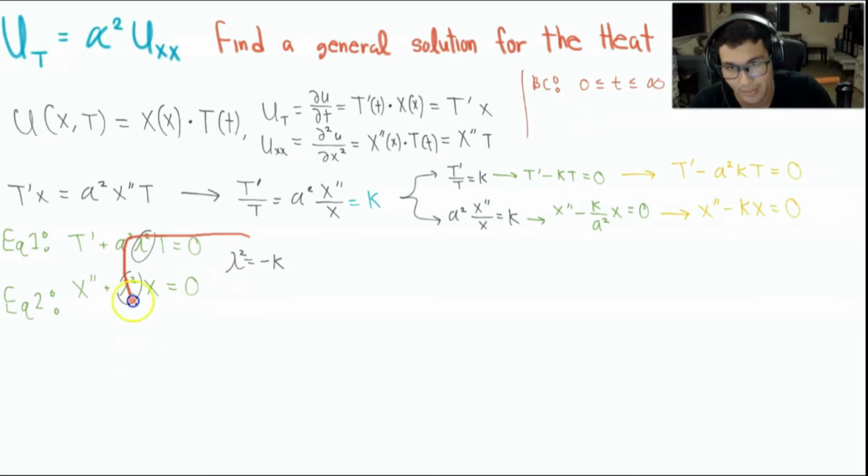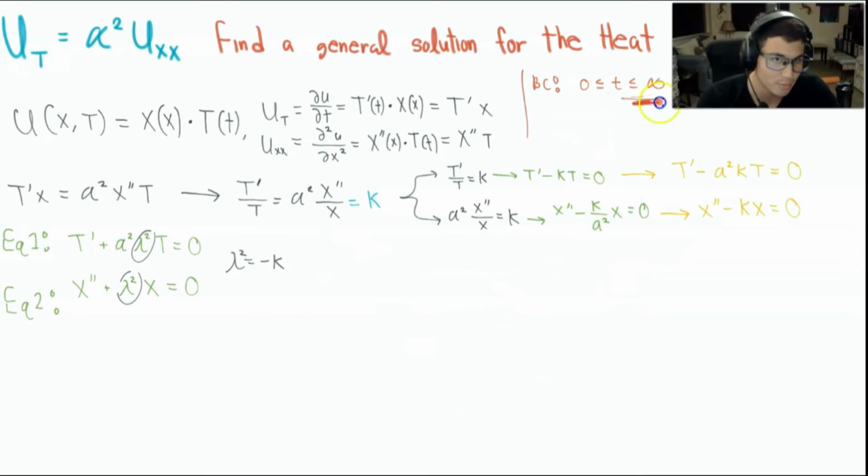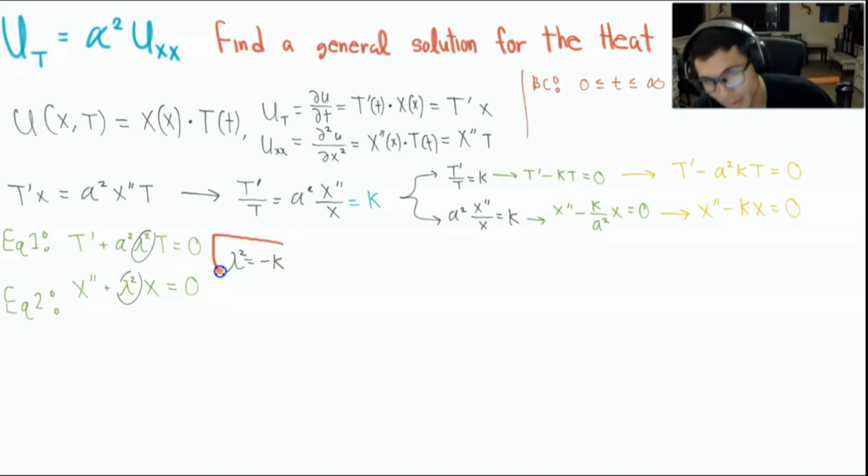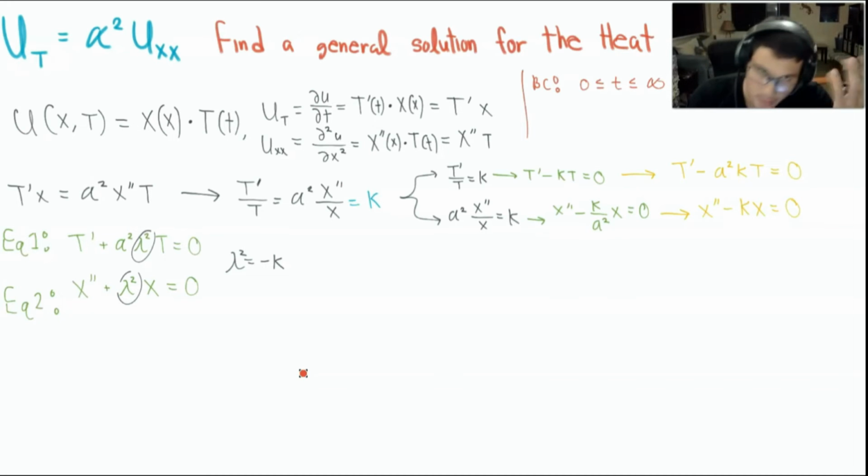If I solved it and I got a solution, it wouldn't really indicate that the solution would be true for time going on forever. So you do need to rewrite your constant here to create a physically correct, or at least a logically correct, solution. But again, I'm just learning, so it's good to be transparent and show you guys that there are going to be a lot of downfalls here.